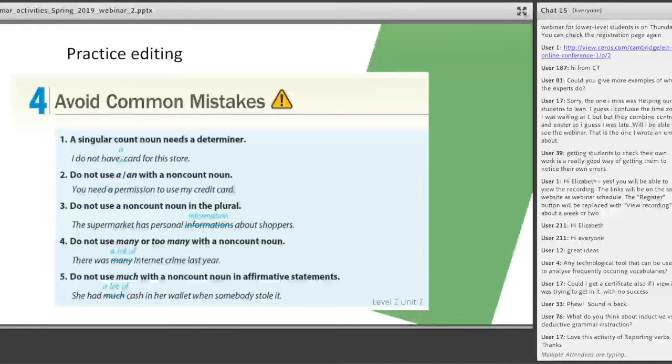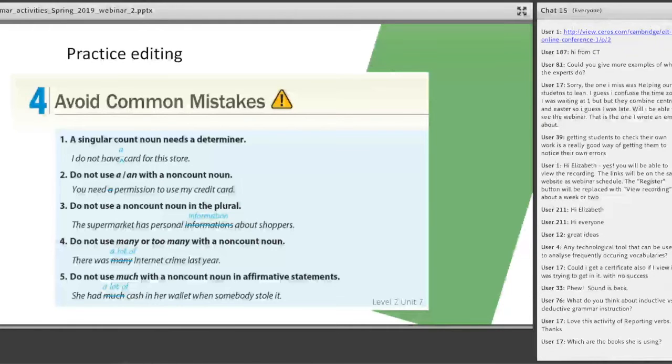So if we have this list of common mistakes, it's not because we want to teach the mistakes, but we want to help our students realize, hey, watch out for these things. It's kind of like a detour in the road, right? You get the warning sign, watch out, this lane's closed, move to the other lane. So here it's like, watch out, watch what we can do here with these count, non-count nouns.